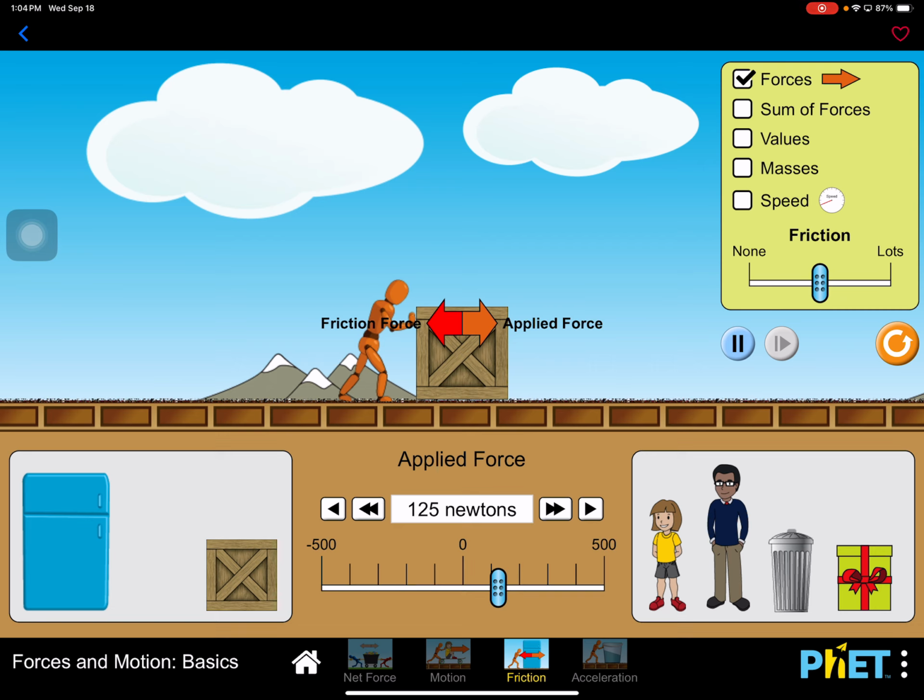So now if I apply a force greater than that force, the object will start moving.